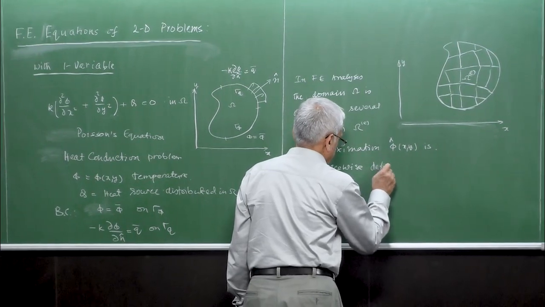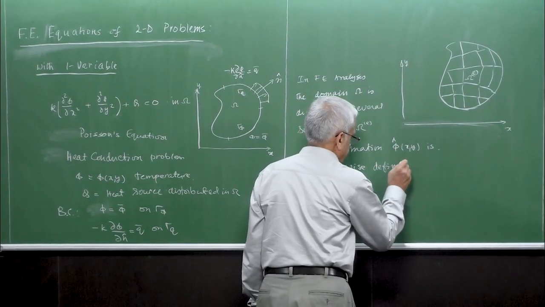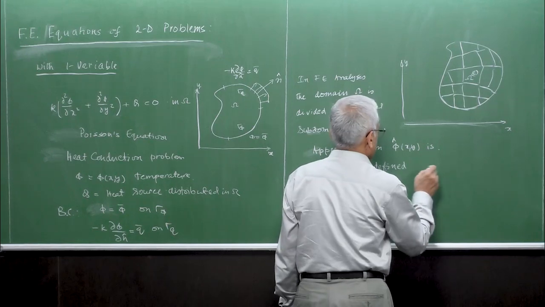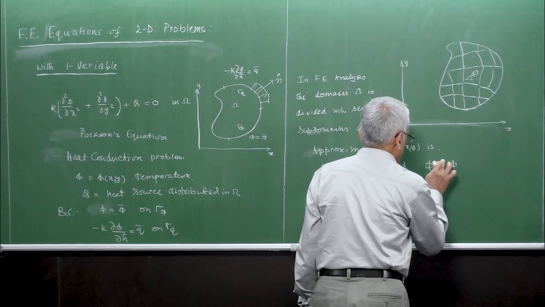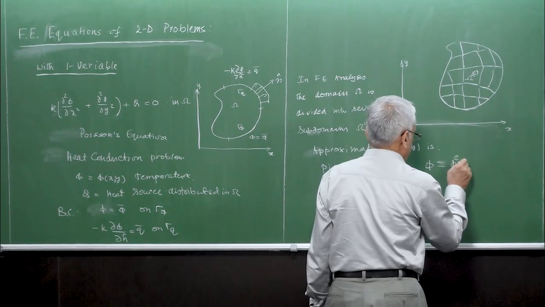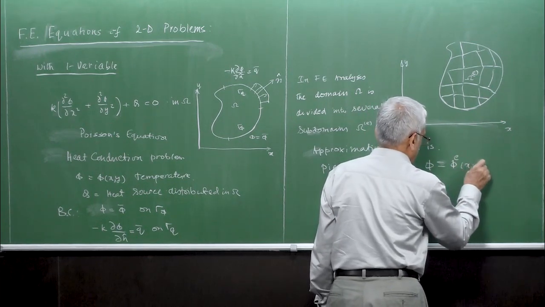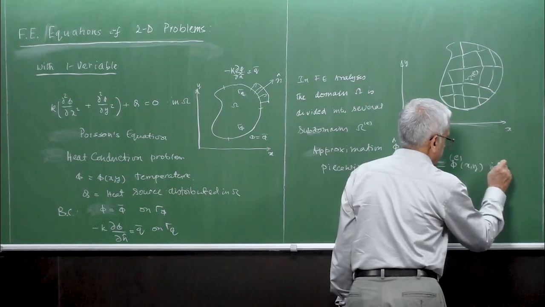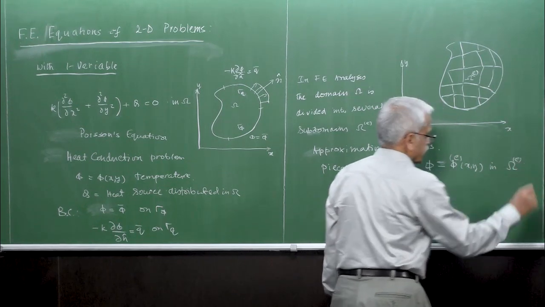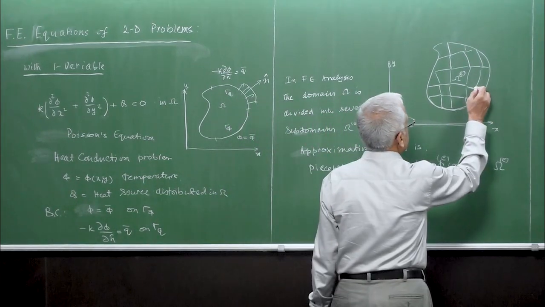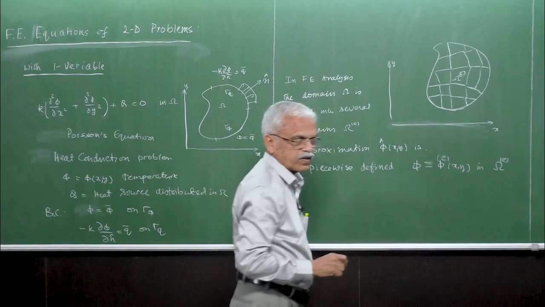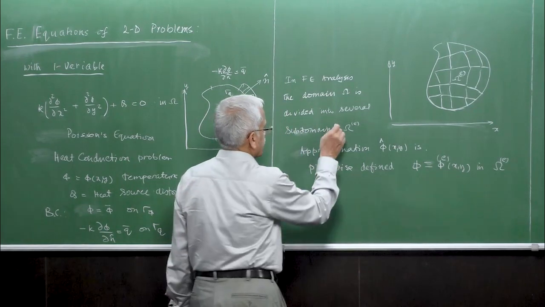Piecewise defined. And that means that phi is equal to phi E in the subdomain omega E. So the subdomains, obviously, are called the elements.